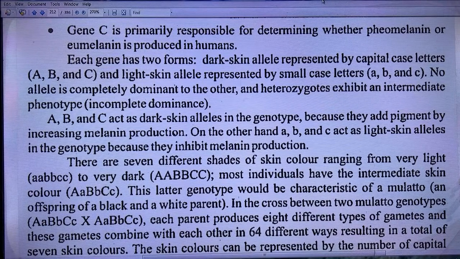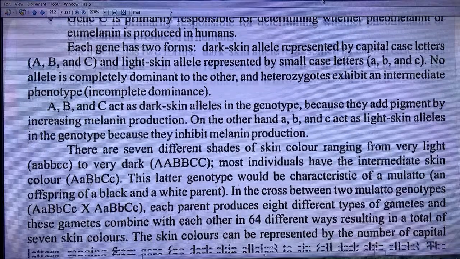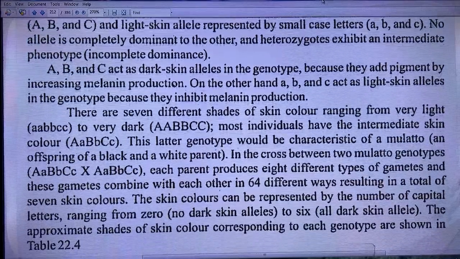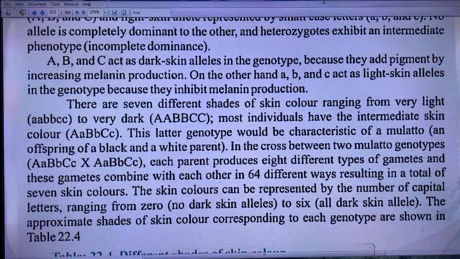Each gene has two forms: a dark skin allele represented by capital letters A, B, and C, and a light skin allele represented by small letters a, b, and c. No allele is completely dominant to the other, and heterozygotes exhibit an intermediate phenotype, incomplete dominance. A, B, and C act as dark skin alleles in the genotype because they aid pigmentation by increasing melanin production.